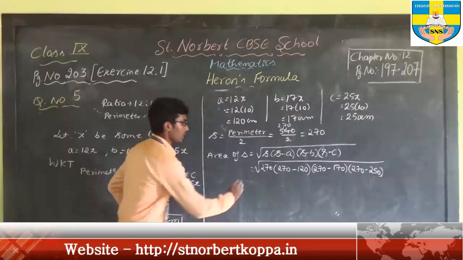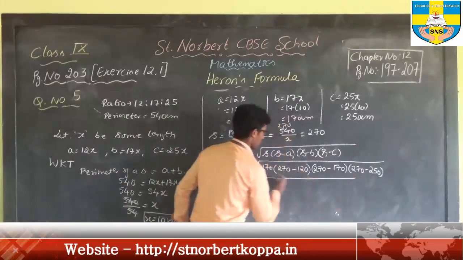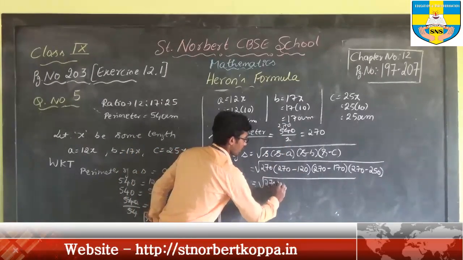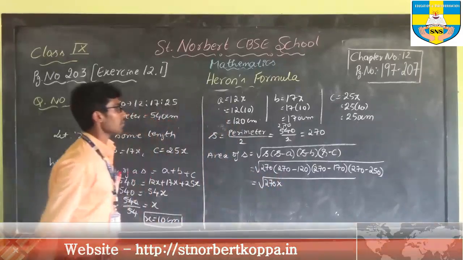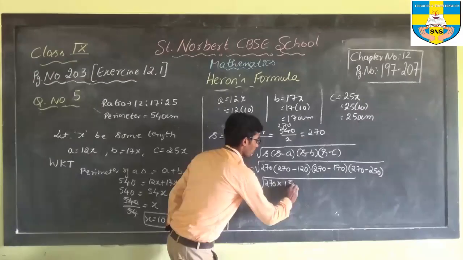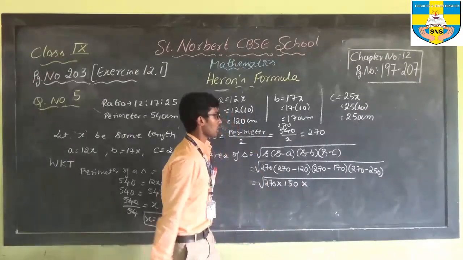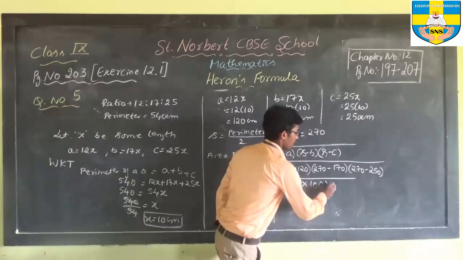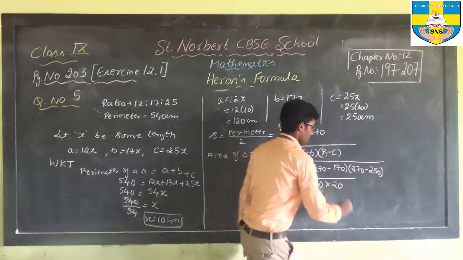Try to calculate and you should write the same numbers inside the square root. It is 270 into 270 minus 120, so it will be 150 into 100 into 20.